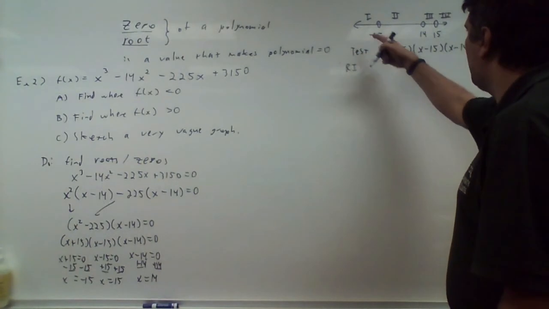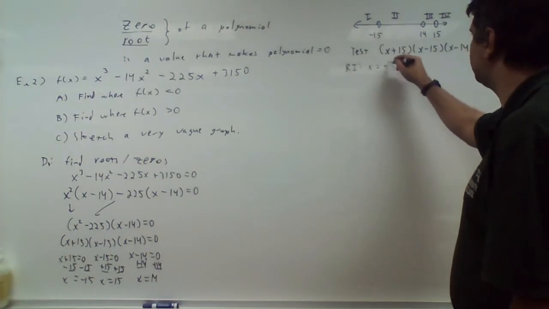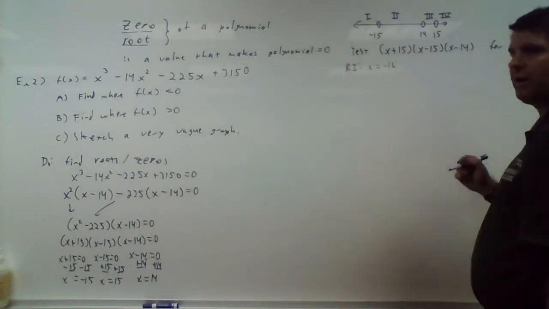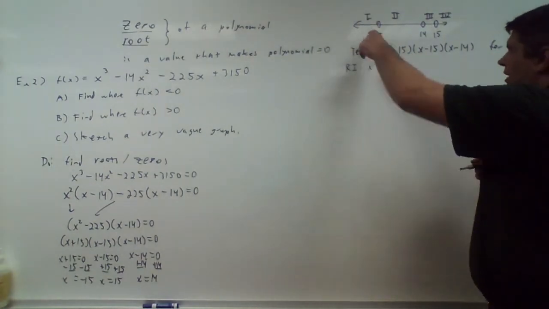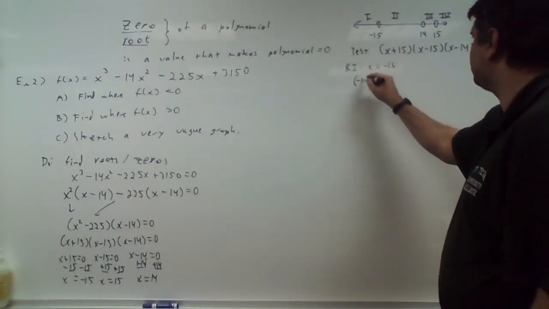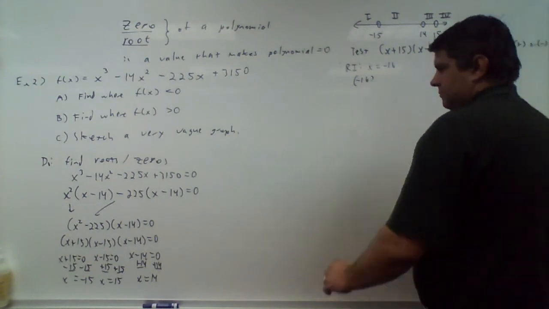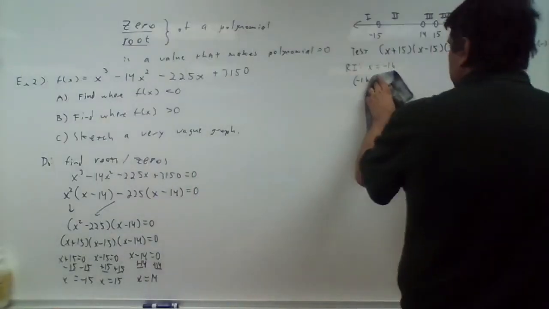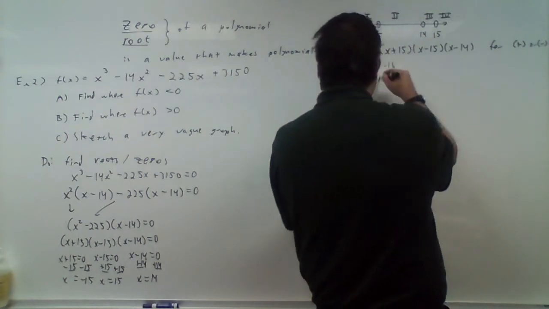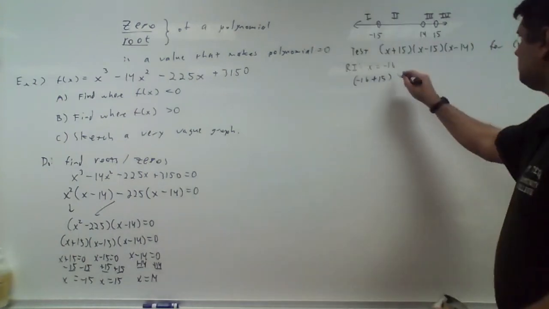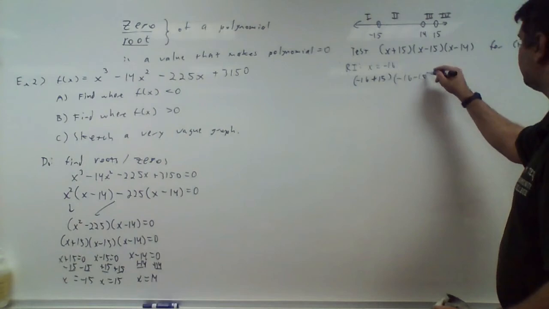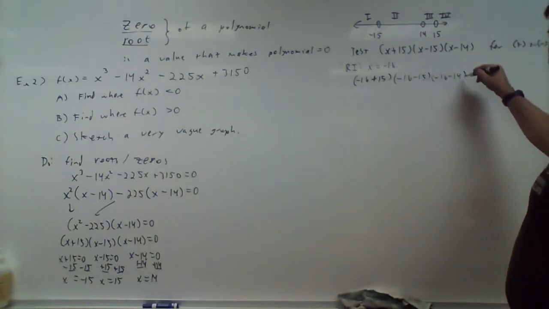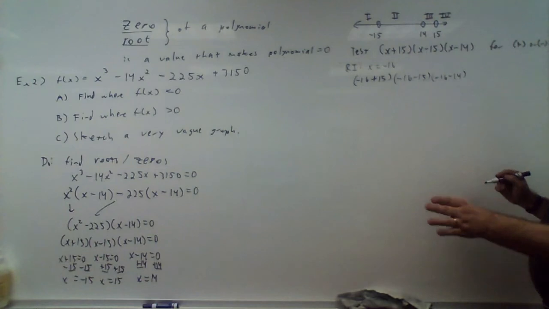All right, now, region 1. I propose to let x equals negative 16, or negative 17, negative 18. It really doesn't matter. Okay? Negative 16 will do fine. So I want to know if negative 16 plus 15, negative 16 minus 15, and negative 16 minus 14 is positive or negative.